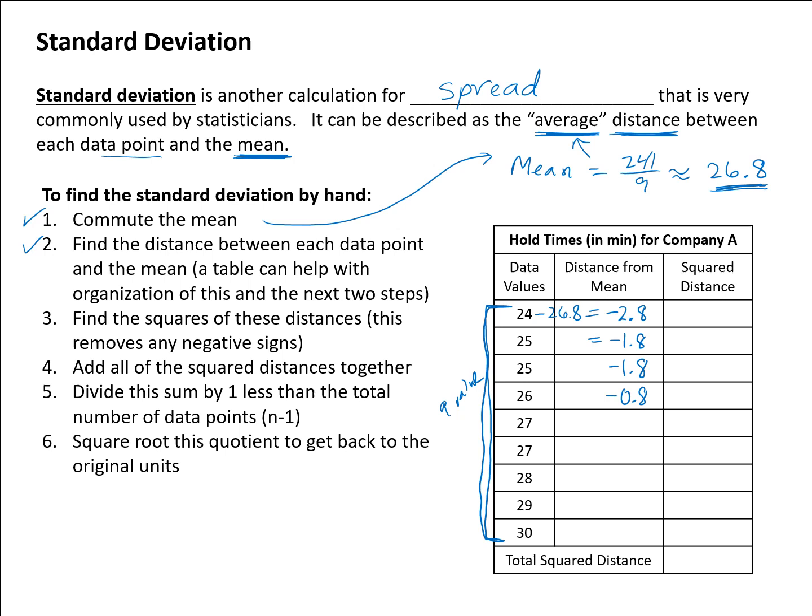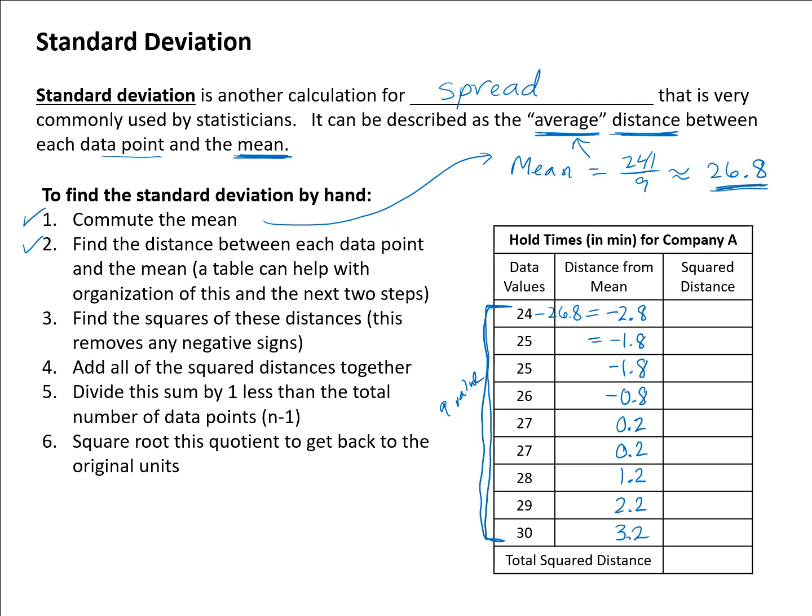Then we have 27 minus 26.8, because now our data point is higher than the mean. We're going to get a positive, so 0.2. Another 27 is another distance of 0.2. 28 minus 26.8 would be 1.2. 29 subtracted 26.8 would be 2.2. And when we do the last data value of 30, we would get 3.2.